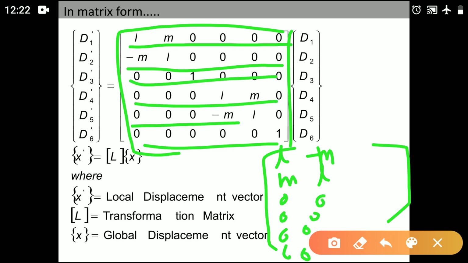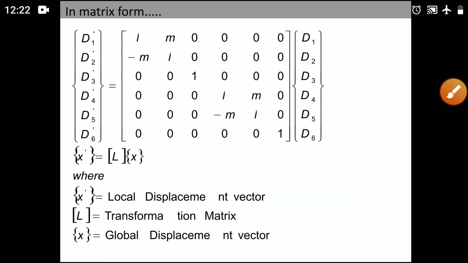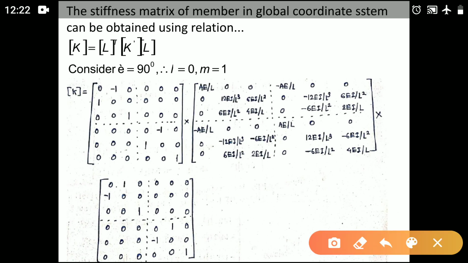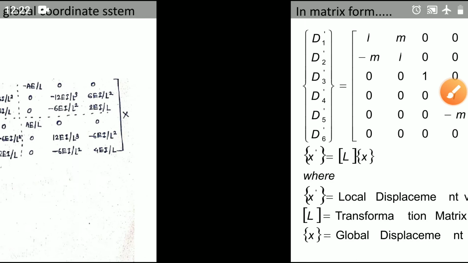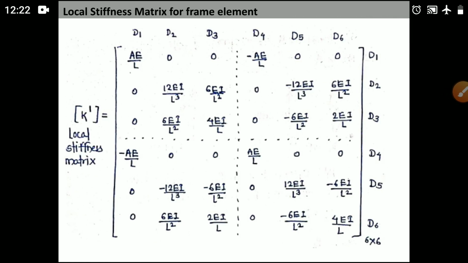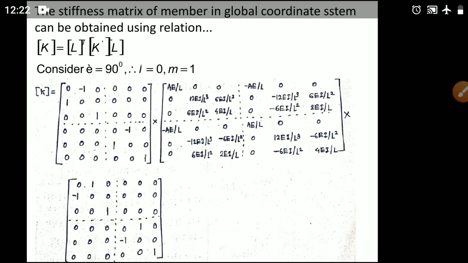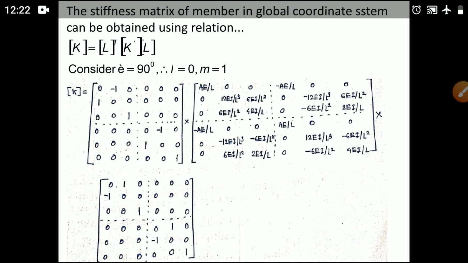Similarly go on with all these rows written as columns here, put the values of L and M as 0 and 1, and write down this 6 by 6 transpose matrix. This one is L transpose. Now K dash, which we already defined in the first video part, is this matrix that you have to write here, K dash into L, that original L, putting the values of L and M as 0 and 1.